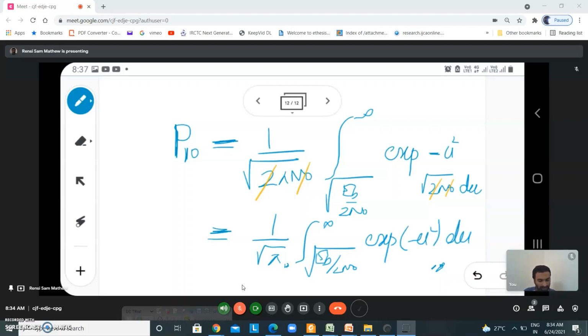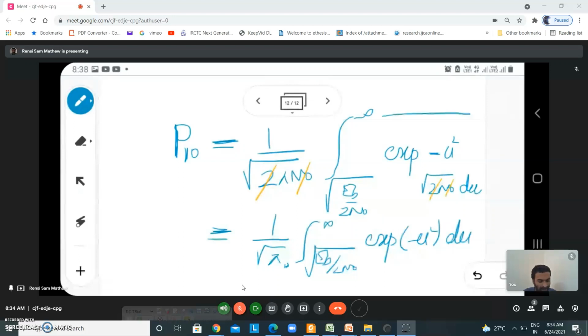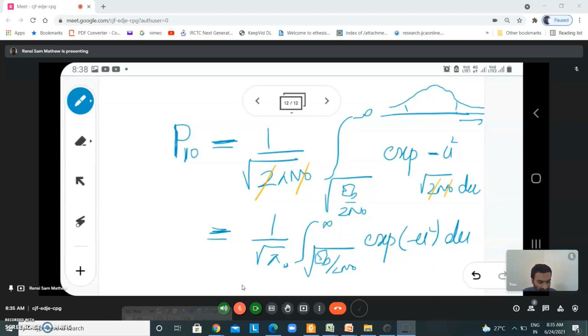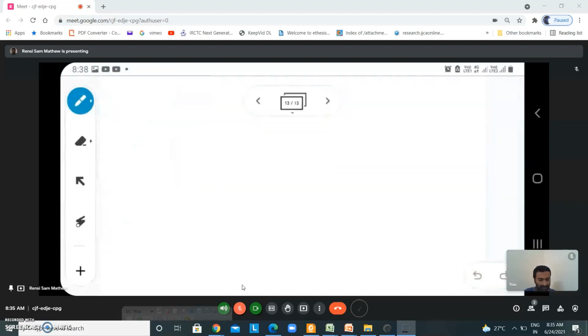And this I can write in terms of the ERFC function. The ERFC function is 2 by square root of pi times the integral of the exponential. See here the limits also: remember we had a graph with a Gaussian shaped pulse, and ERFC is from this limit to this limit. Here it is positive itself, so there is no need to write 1 minus and all.